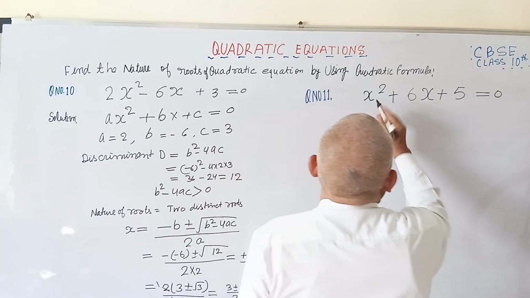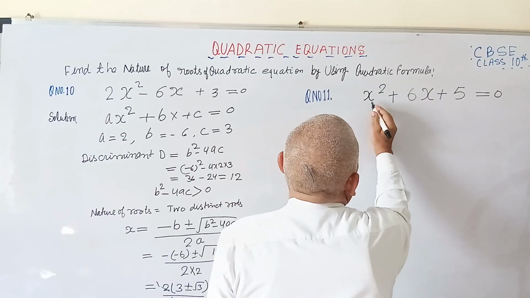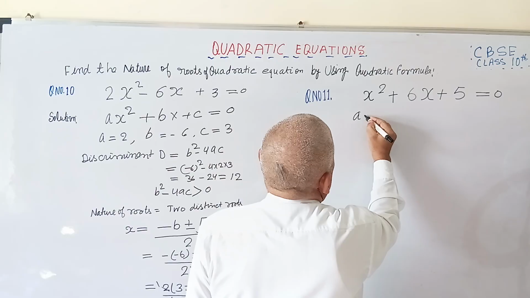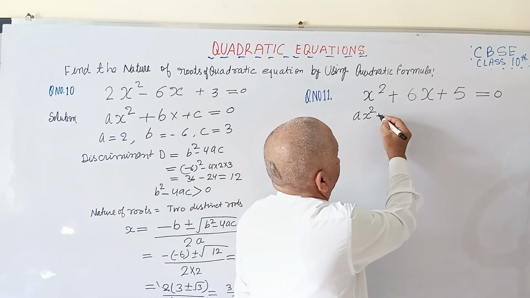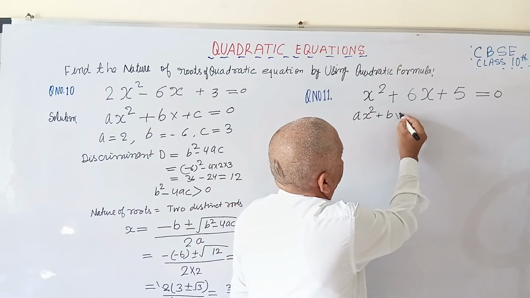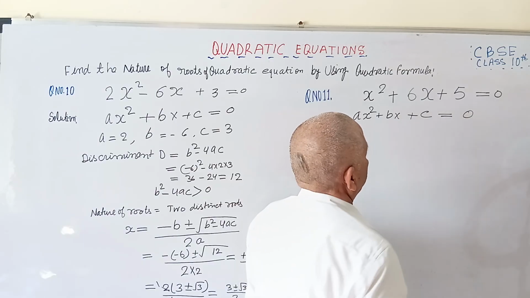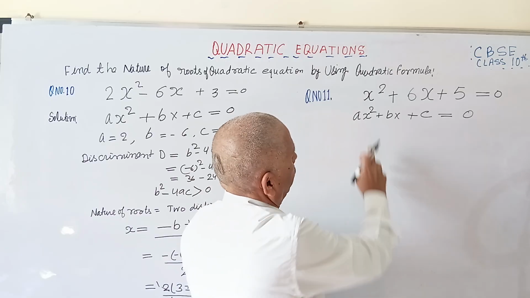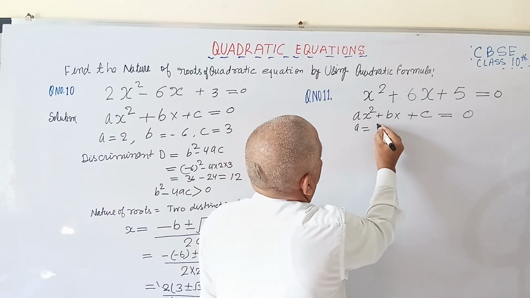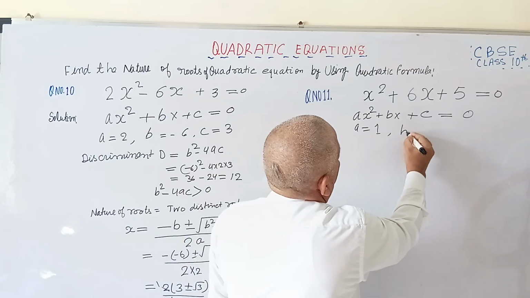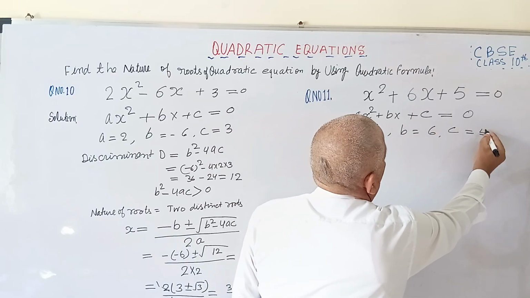So in this question we will compare with our standard form of quadratic equation, that is ax square plus bx plus c equals to 0. Now here in this question, a equals to 1, b equals to 6, c equals to 5.